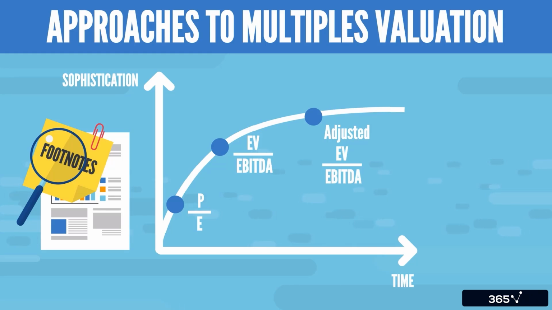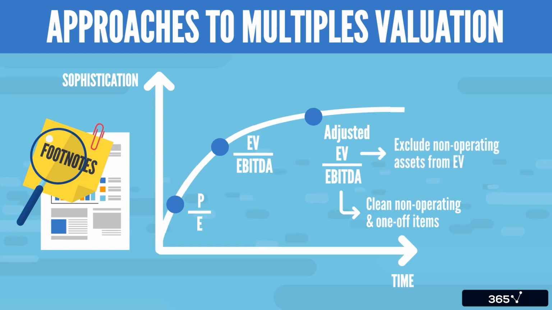The goal of this exercise is to isolate non-operating and one-off items and clean EBITDA to obtain an adjusted EBITDA. And then, if we have cleaned certain types of income from EBITDA, we shouldn't forget to exclude the assets or liabilities related to these types of income from the calculation of enterprise value.